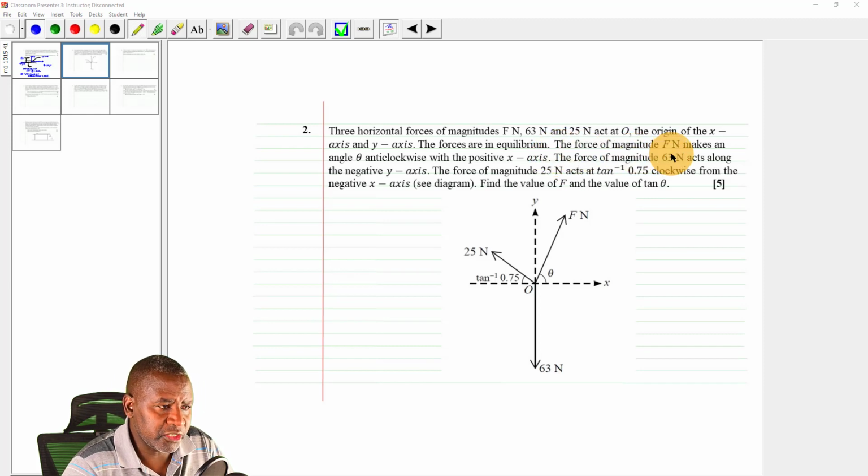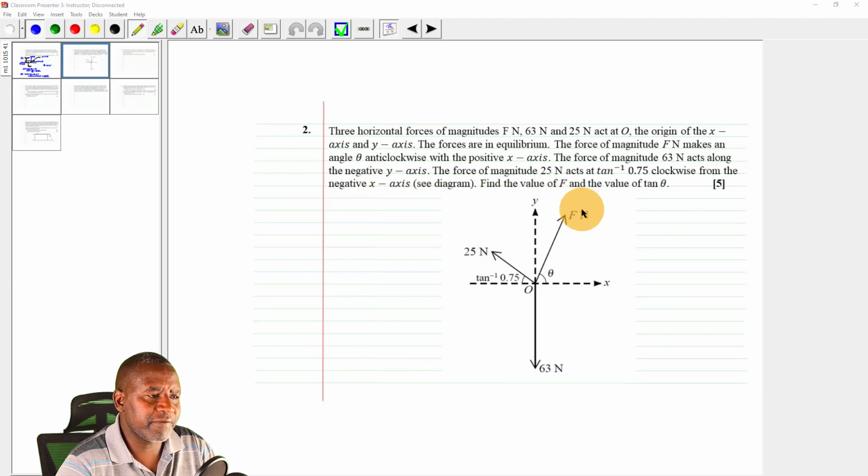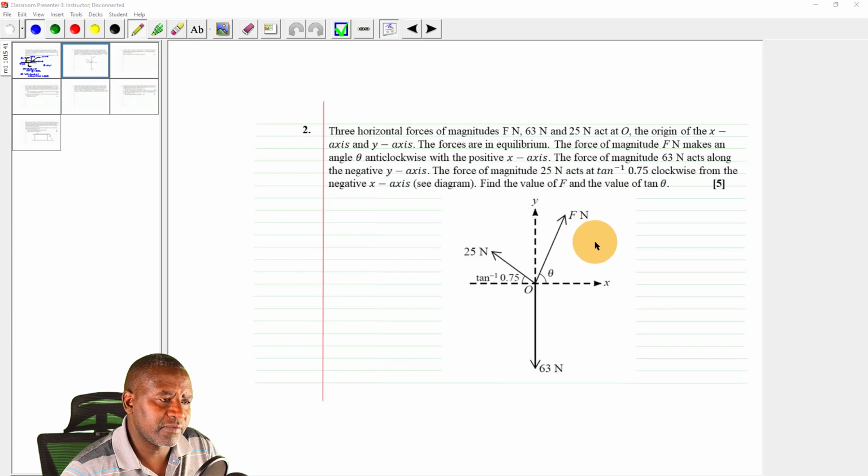The force of magnitude F acts at an angle theta anticlockwise with the positive x-axis as shown. The force of magnitude 63 acts along the negative y-axis as shown. The force of magnitude 25 newtons acts at tan inverse of 0.75 anticlockwise from the negative x-axis. Find the value of F and the value of tan theta.